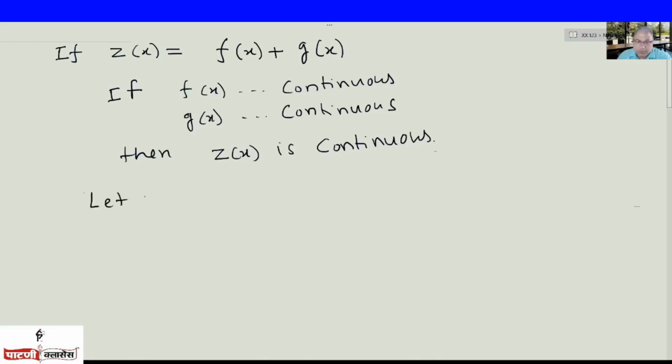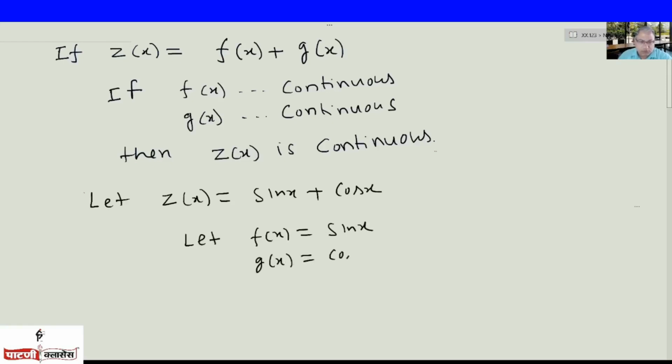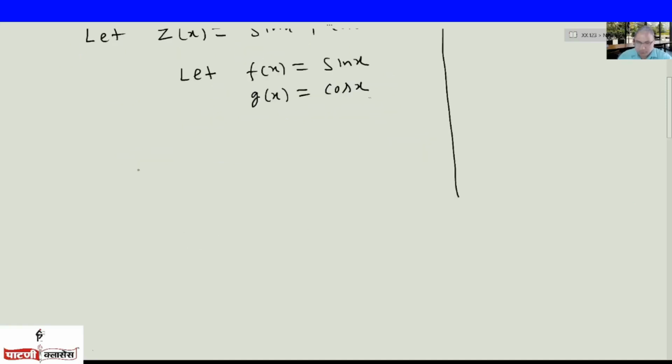Let z of x equals sin x plus cos x. Let f of x equal sin x and g of x equal cos x. Thus z of x equals f of x plus g of x.